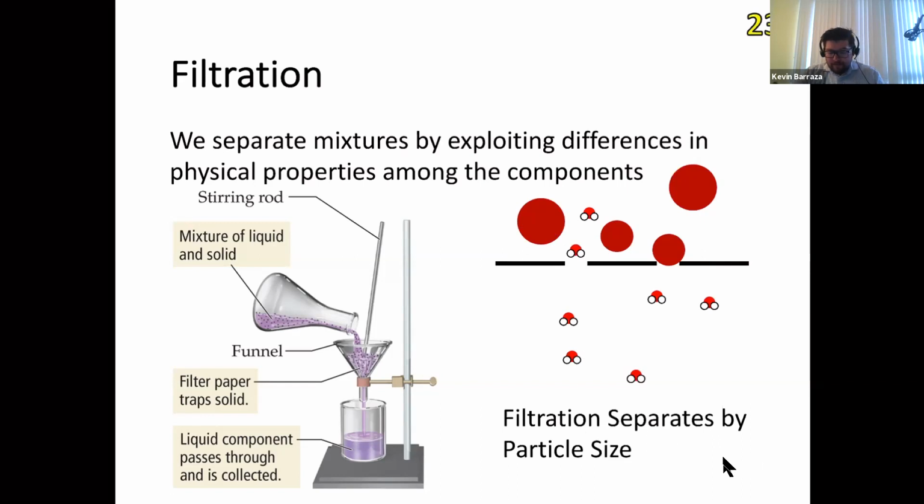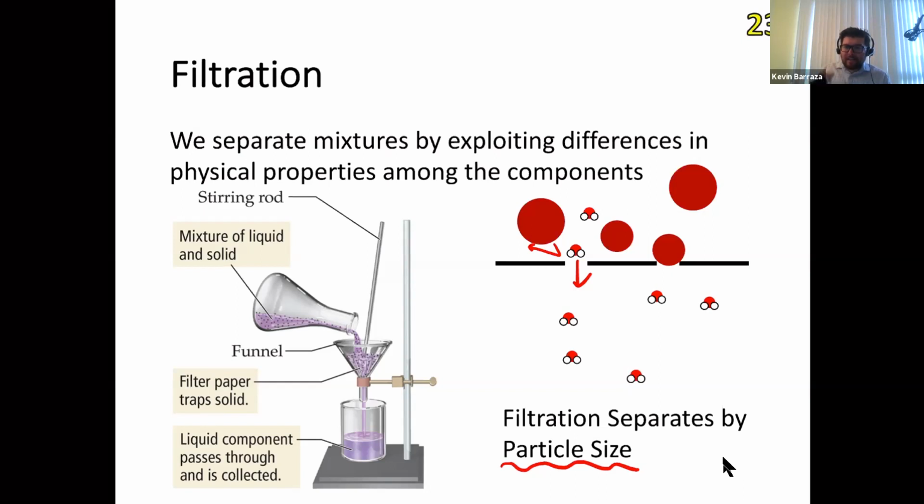So our physical property that we're exploiting here is particle size. Some particles are too big to go through, while some particles can go through. So in this case, liquid particles are going to be able to pass, but the solid particles are going to remain.